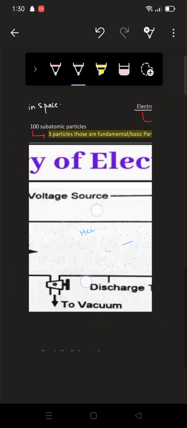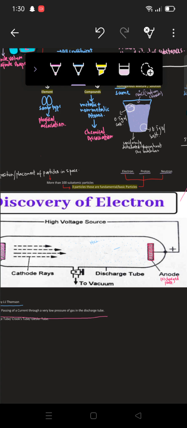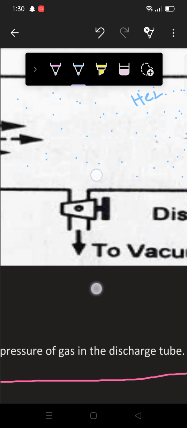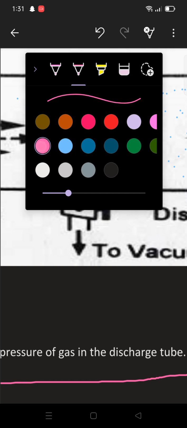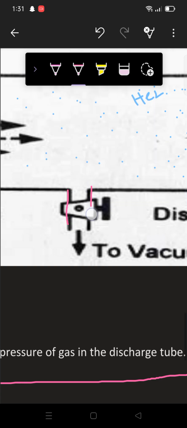So this is helium gas inside the discharge tube, and they have put one vacuum pump as well, since they want to decrease the pressure, right?